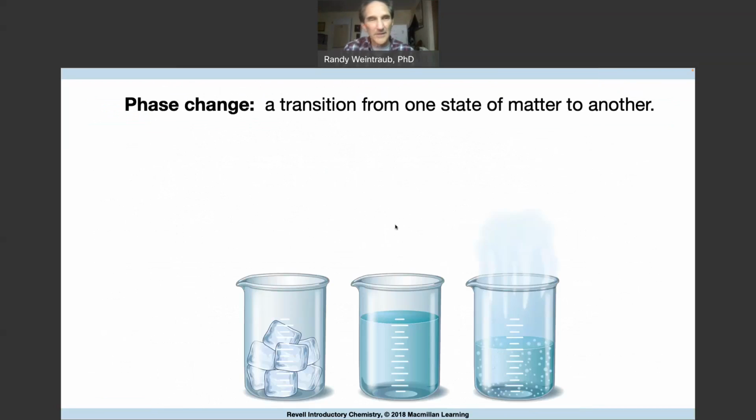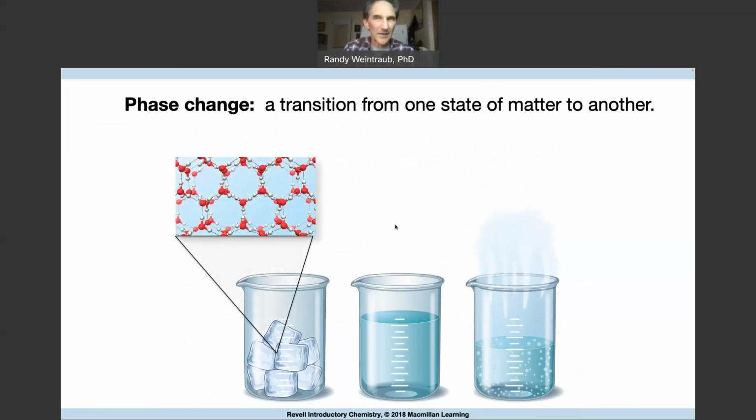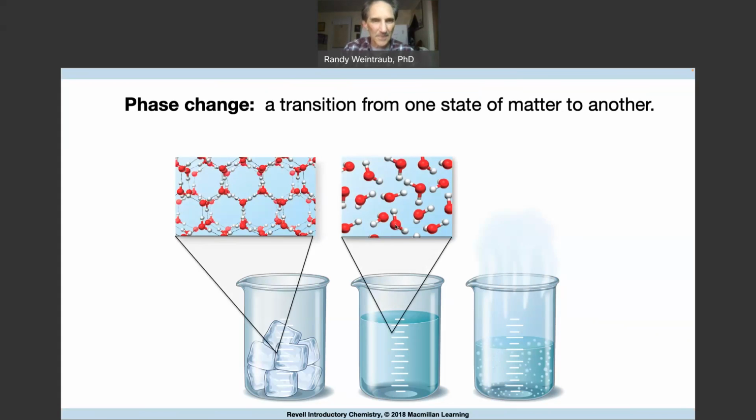The transition among phases is important and instructive to consider when thinking about atoms and molecules at the microscopic level. A transition of matter, as we see here, from ice in a very compact, arranged, orderly fashion, phase changes to a liquid where the molecules are further apart and can move past one another.